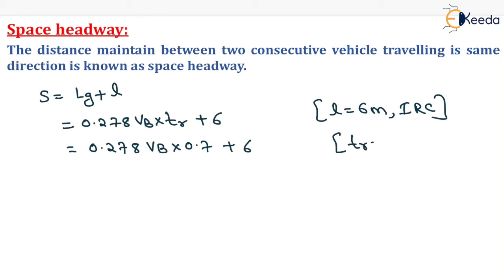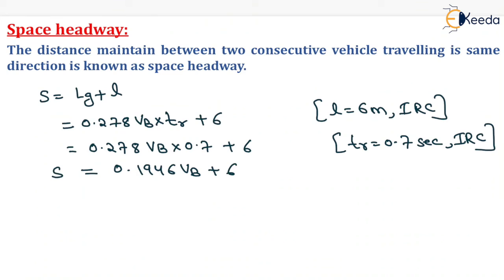Here Tr will be equals to 0.7 seconds for minimum space headway as per Indian Road Congress. After multiplying these, we will get 0.1946 Vb plus 6. Now we will round off this value and it will be equals to 0.2 Vb plus 6.